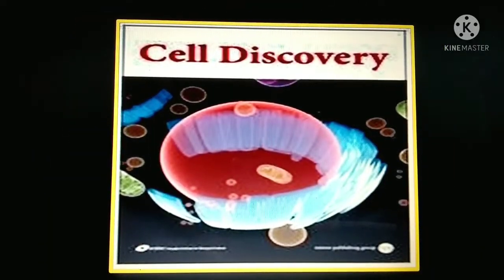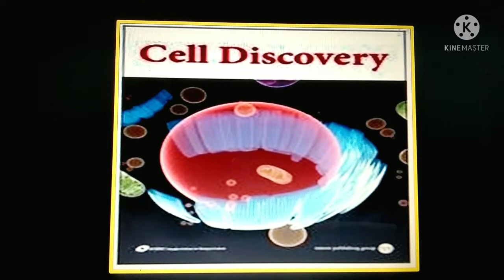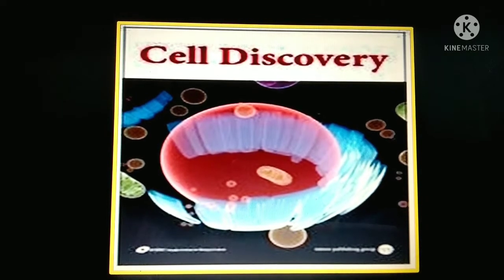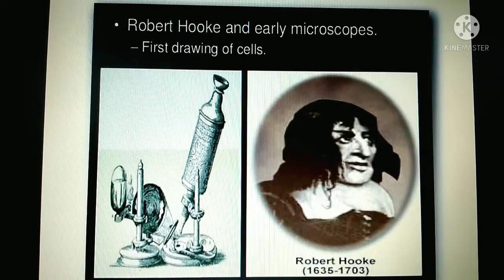Now coming to the contributions of various scientists towards the discovery of the cell. The first scientist is Robert Hooke. Robert Hooke discovered the thickened walls of cells but could not identify the materials present in them.